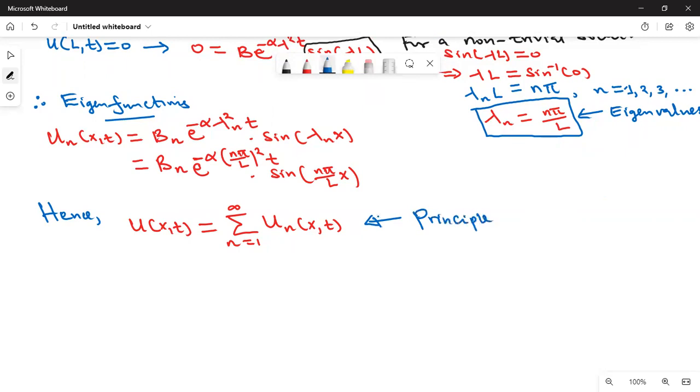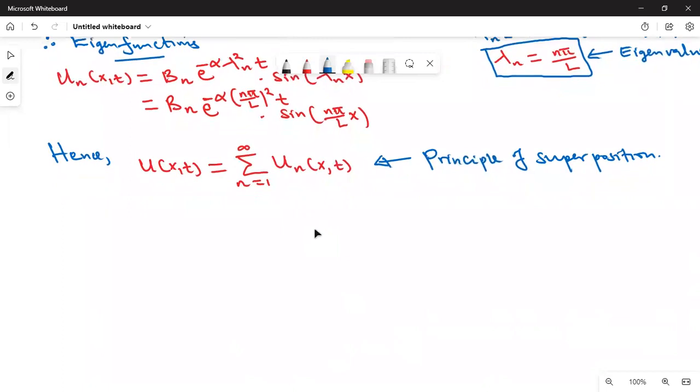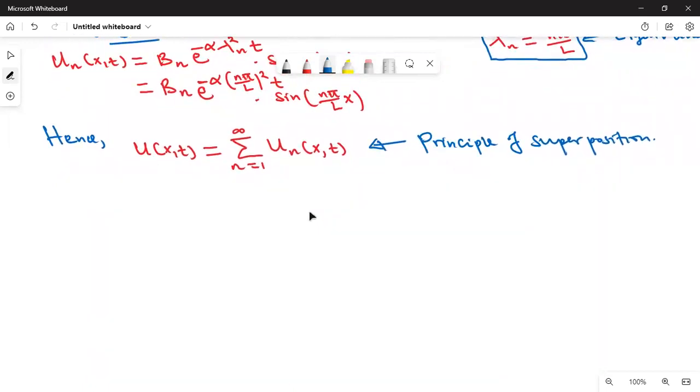Principle of superposition. That's what we use: when you combine the eigenfunctions, when you add all of them, you get your general solution.